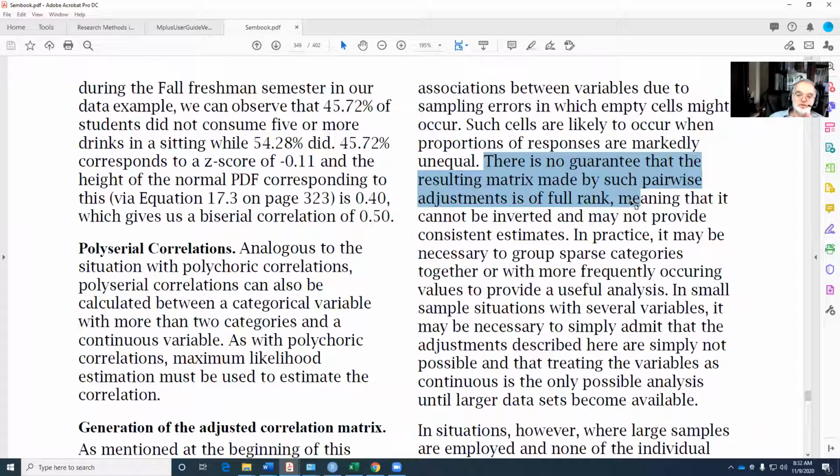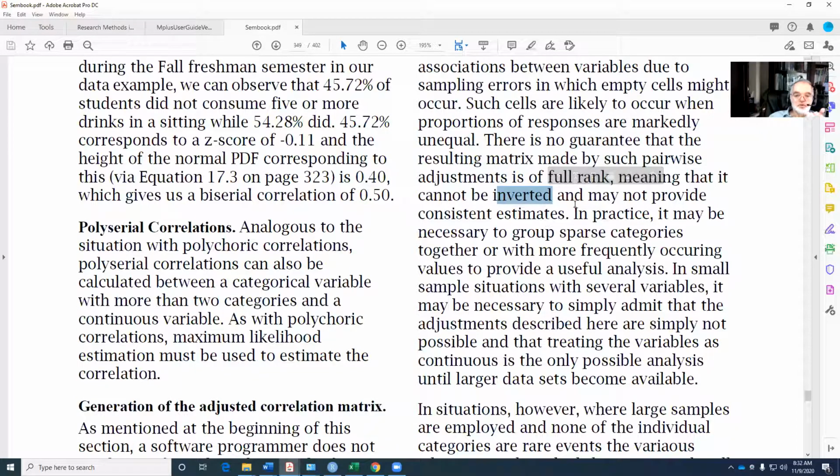In other words, there's no guarantee that you may even be able to invert that matrix. So in practice, if you've got a small data set and you're going to be making these correlation matrices, you might need to group some sparse categories together with more frequently occurring values in order to get an analysis that's useful.